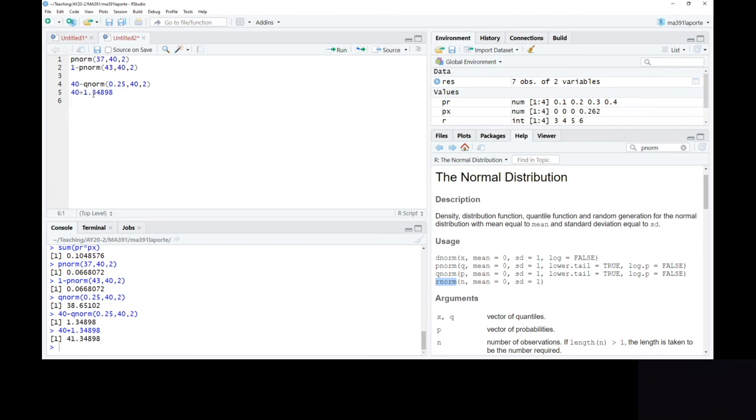So my prediction is that it's going to be 41.34898. All right, let's see what happens.